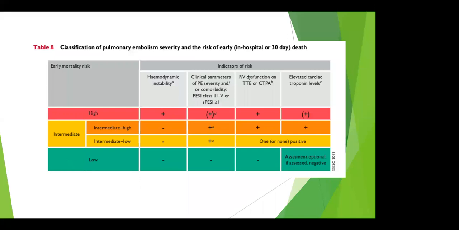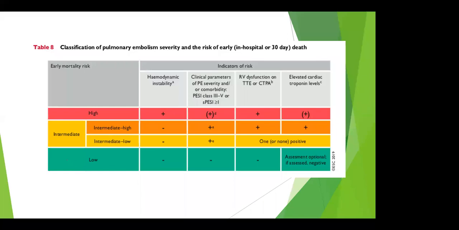Okay, so this is what I mentioned about how we divide the patients into the various risks. So we look into the 4 parameters, which is hemodynamic instability, the PASI score, the presence of RV dysfunction, and also elevated cardiac troponins. So based on that, we will divide the patients into high risk, intermediate risk, and low risk. But the intermediate risk patients are further subclassified into intermediate high risk and intermediate low risk.